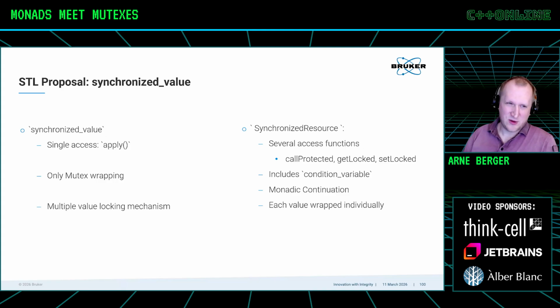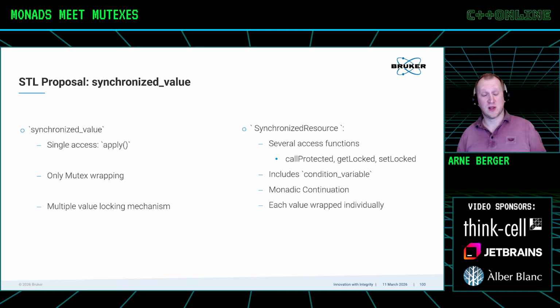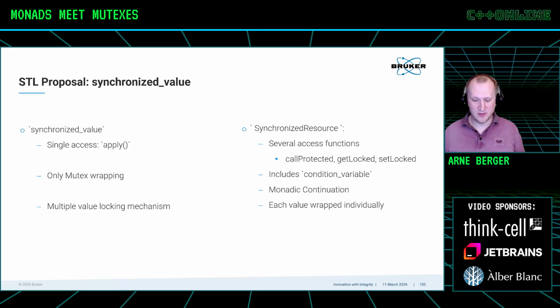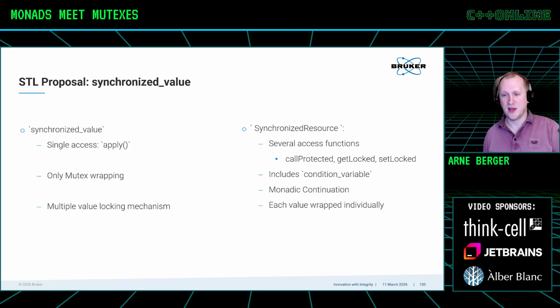Of course, as far as I could see, the synchronized value supports only mutex wrapping, but I could have missed something there. While my type is designed to also include condition variable and monadic continuations. Of course, they are only needed because of the condition variable. One thing the synchronized value can do is lock multiple things together with a deadlock prevention scheme that I don't have.